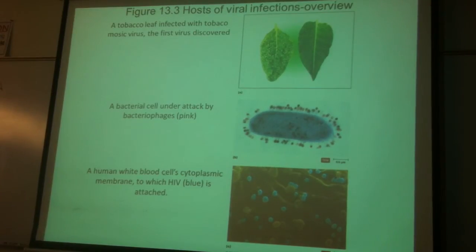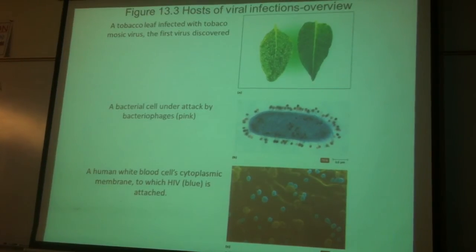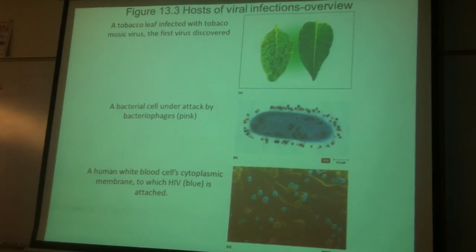It's only been in the last 5 or so years that we've actually gotten visualization of HIV attaching to cells. So that's still pretty new and novel, to be able to see the attachment to the cells and try to figure out how we can stop that. Different viruses affect cells differently.